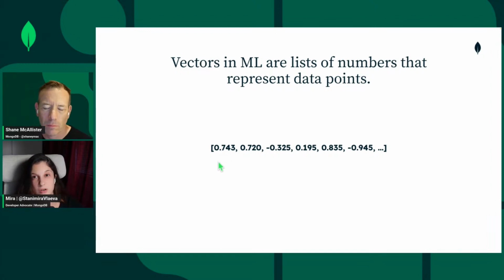The model that we're using today, which is Google Cloud's text embedding-gecko model, generates a vector that has the size of 768. So we have 768 numbers in this vector.